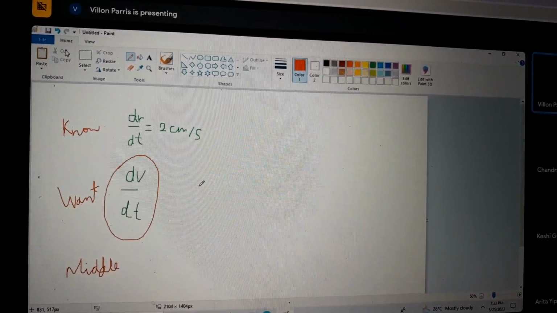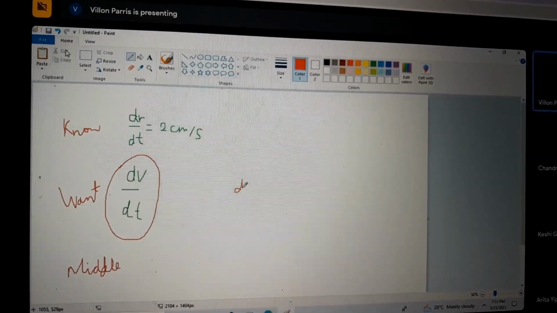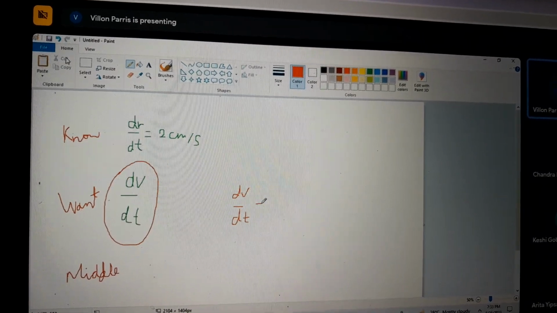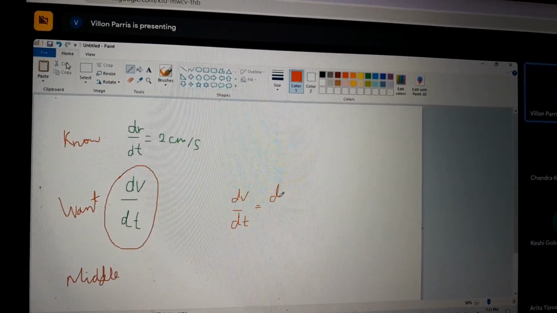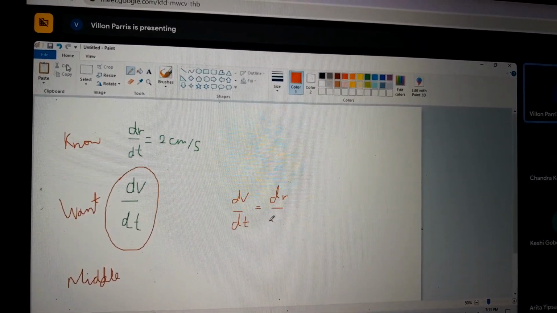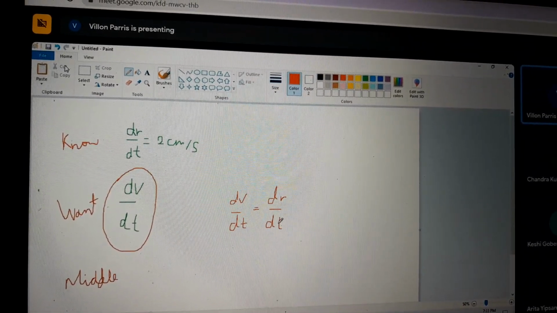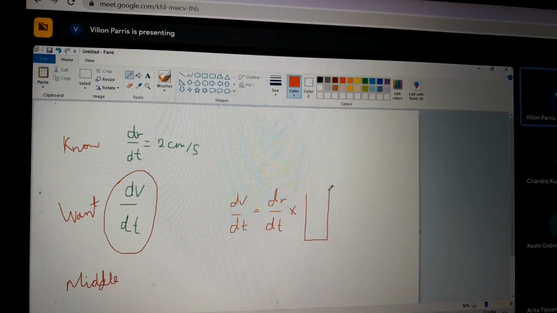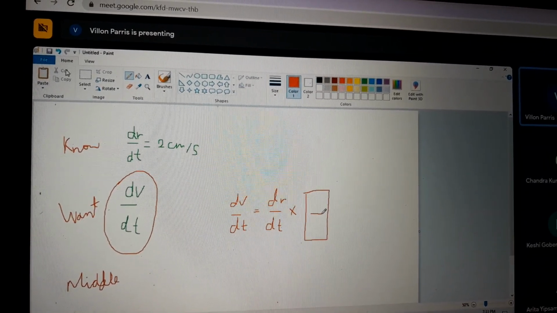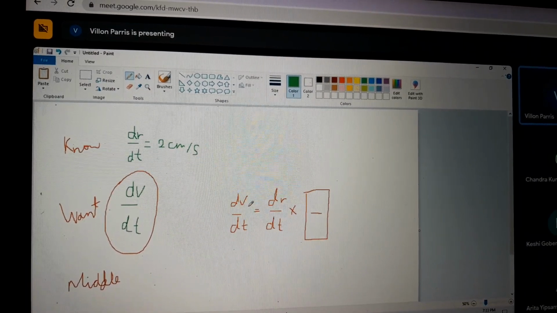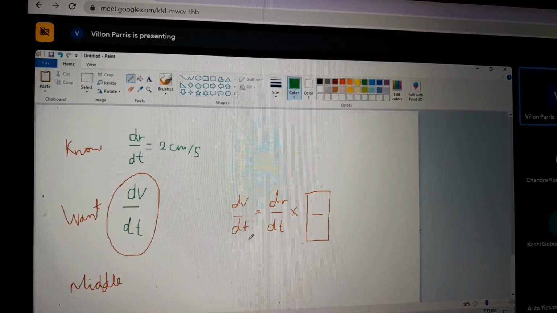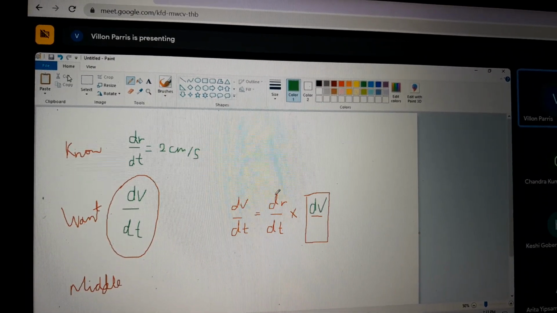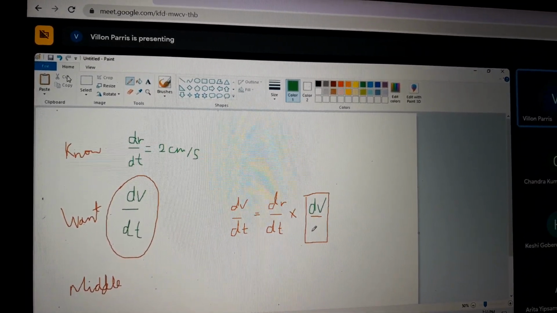Right? So because I want dv dt, I'm already given dr dt. I need this middle one here. And we agreed just now that if I want to be left with v and t, then I need to infuse a v here, and I need to bring an r to cancel out with this r.